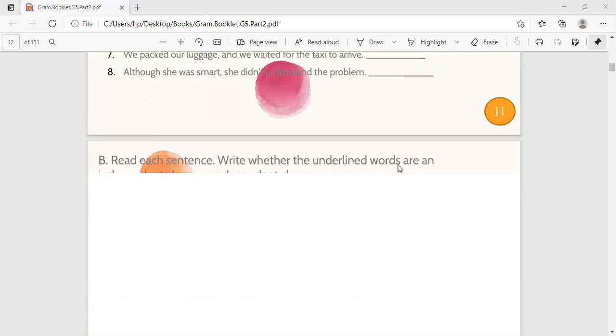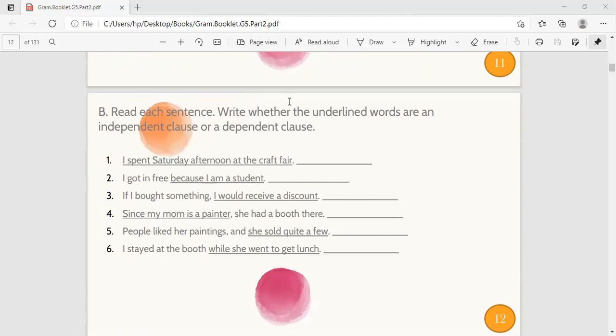Let's move to exercise B. I want Selena. Yalla, Selena. Please read the question. Did you read the question? Read each sentence.